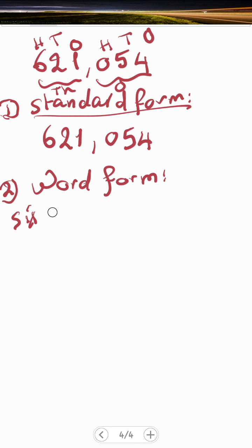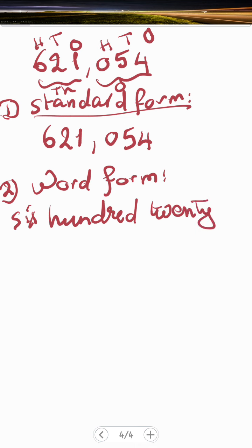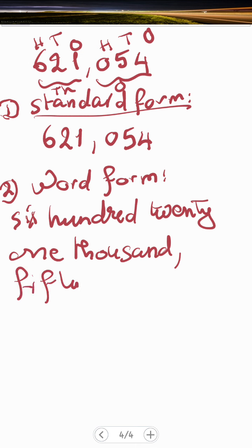So it is 621,000. And how many here are the ones? It's only 54, so I will write just 54 because I don't have hundreds here. So this is the word form of 621,054.